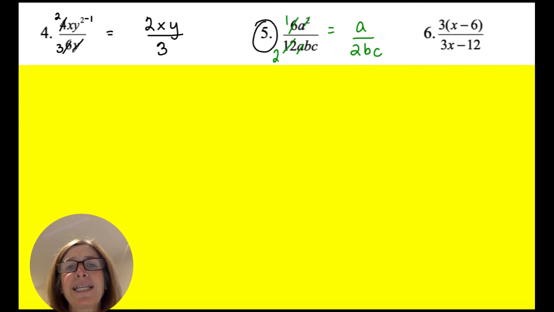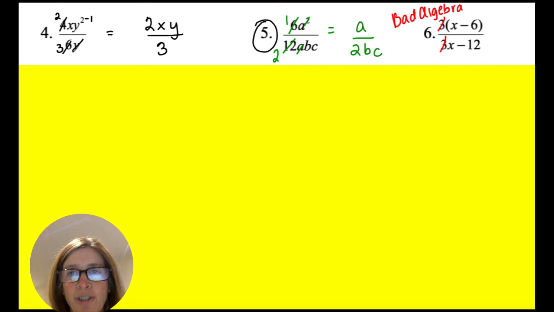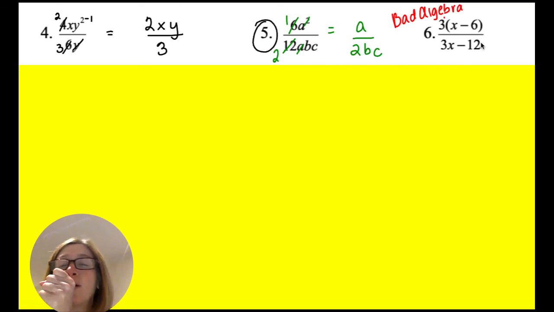All right, last one. I know we would really love to be able to cancel the 3's here, but unfortunately, that would be bad algebra. Okay, you can't do that. What you can do instead is look at the expression 3x minus 12 as like a brick wall. And the only way you'd be able to simplify anything is if you turn it into a product, turn it into multiplication.